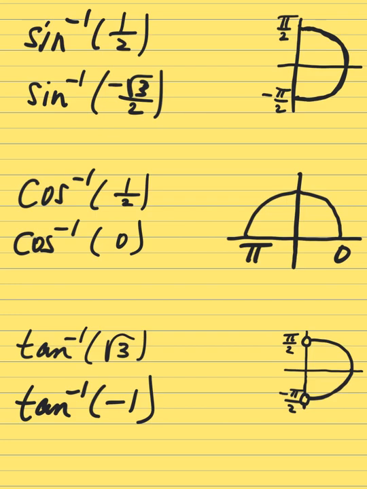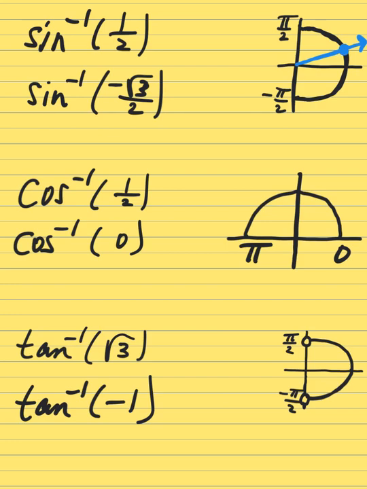So in blue, we're going to do the top one. When you read sine inverse of 1/2, on your unit circle, sine is the y coordinate. So basically what you're looking for is what angle has a y coordinate of 1/2.